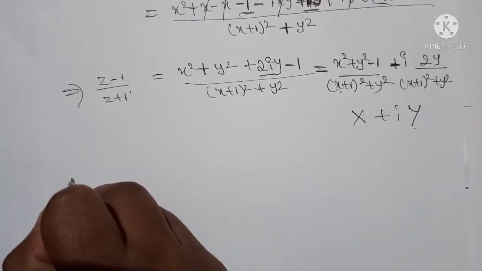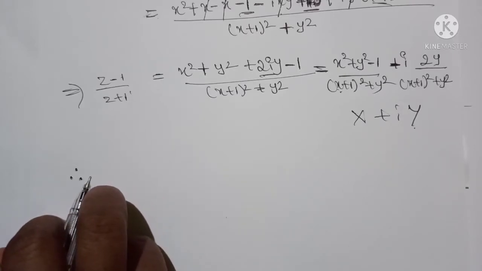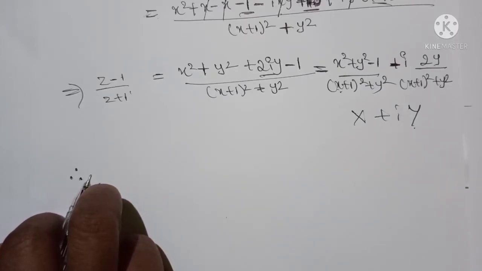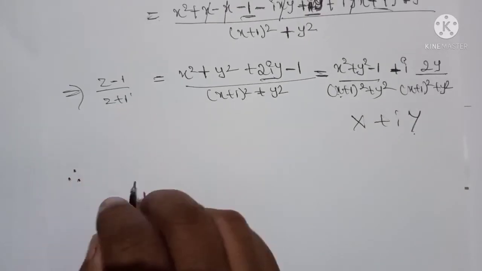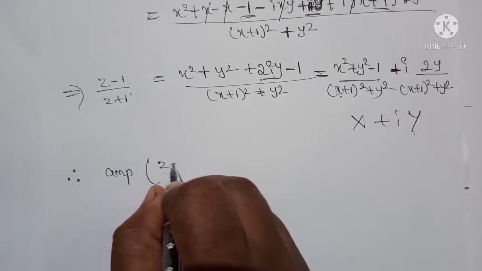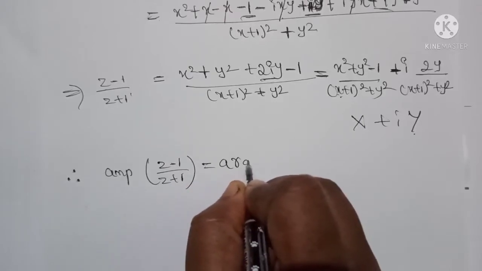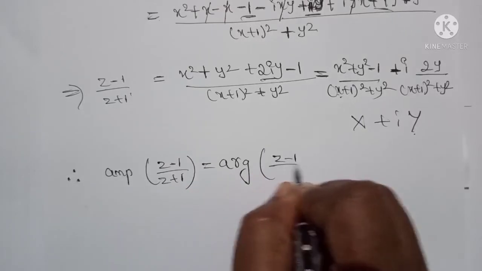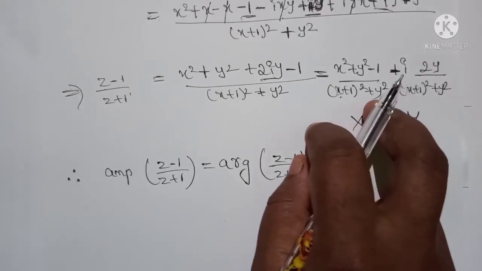Now we need the amplitude of z minus 1 divided by z plus 1, also called the argument, which is given by tan inverse of y by x.